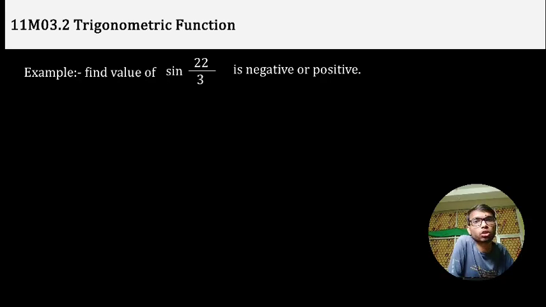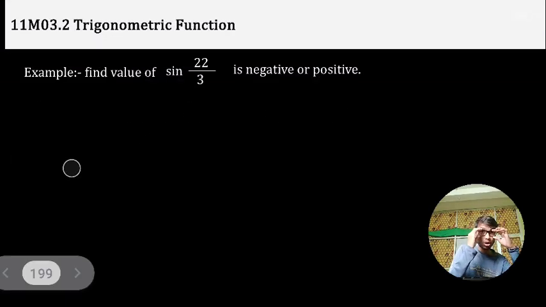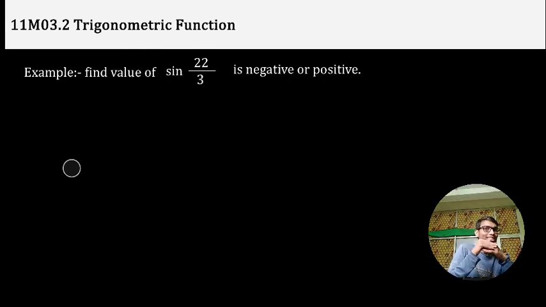Now we have some questions based on this. Example, find the value of sine 22 upon 3. Is 22 upon 3 negative or positive? We just have to tell whether the given thing is positive or negative.